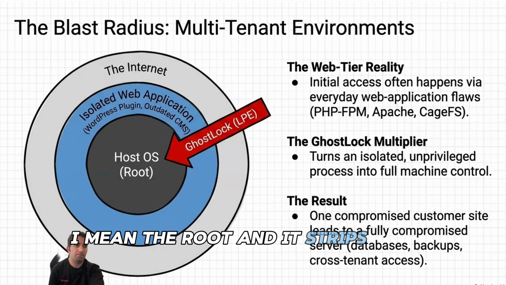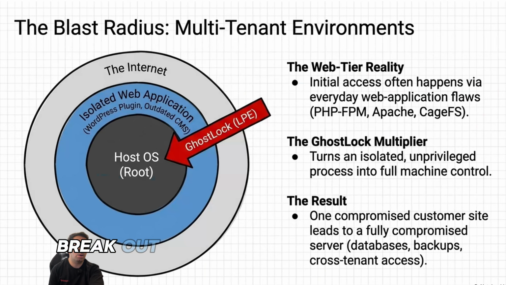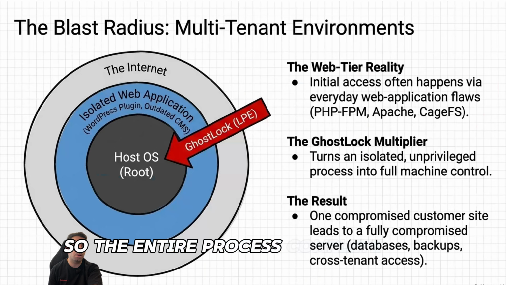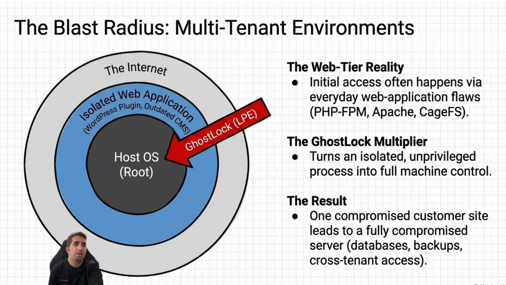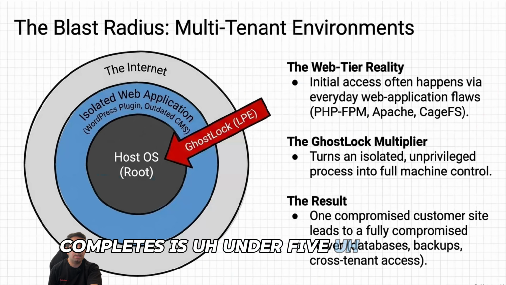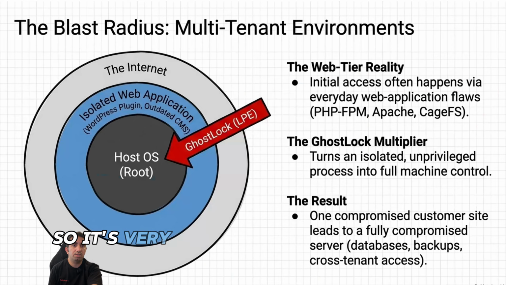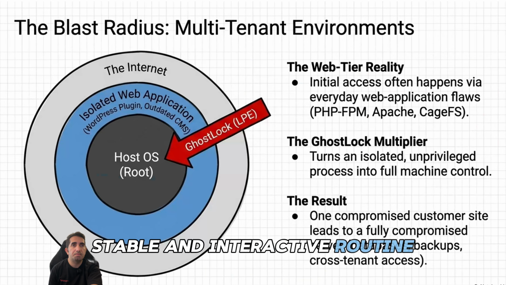It strips away namespaces and breaks out of any container cgroup. The entire process completes in under 5 seconds, so it's very interesting, and you can achieve a stable and interactive root shell.